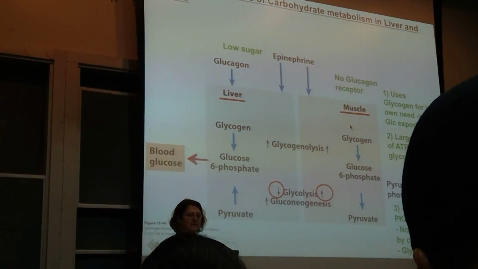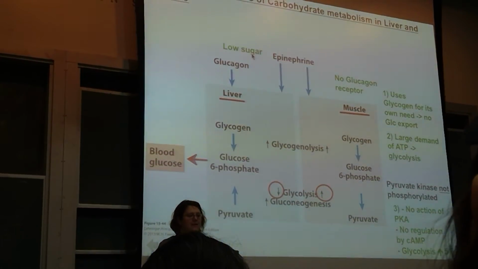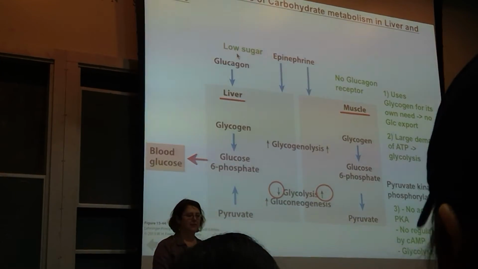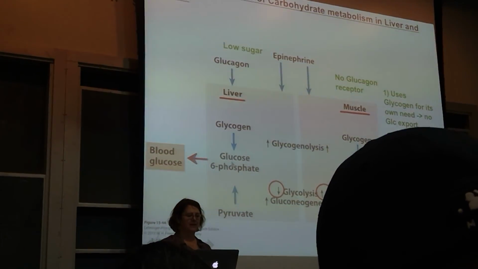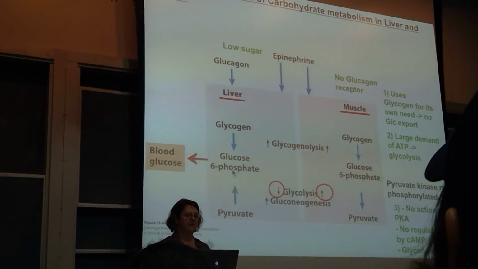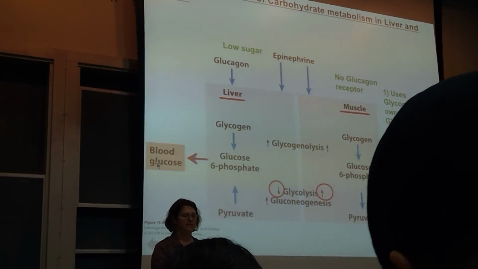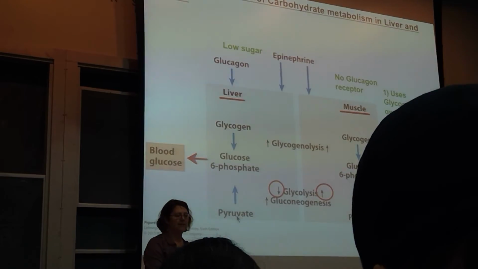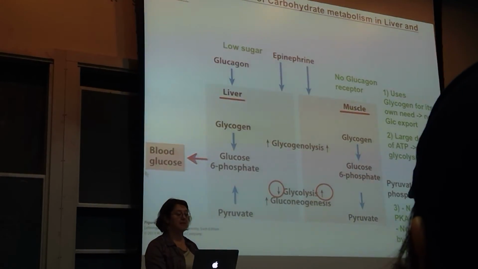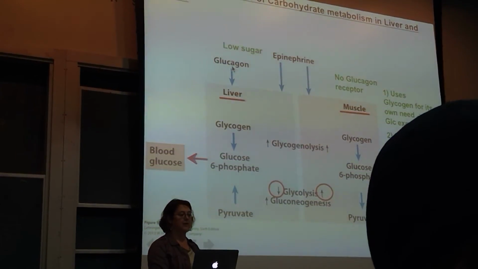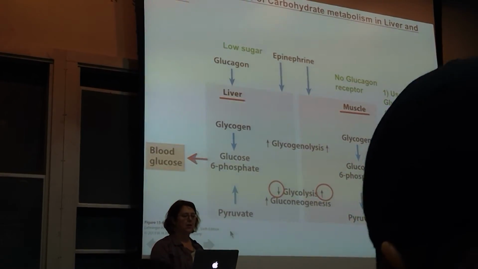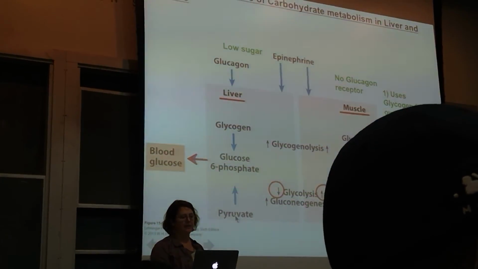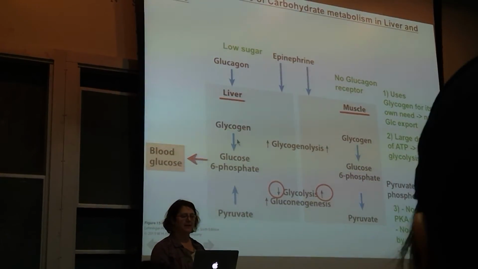So then pulling this all together in the muscle and in the liver. Under low sugar in the liver, glycogen is converted to glucose 6-phosphate and glucose to make blood glucose. You can also have gluconeogenesis to make glucose. So when you have low sugar, you're either breaking down glycogen, or you are doing gluconeogenesis from pyruvate.